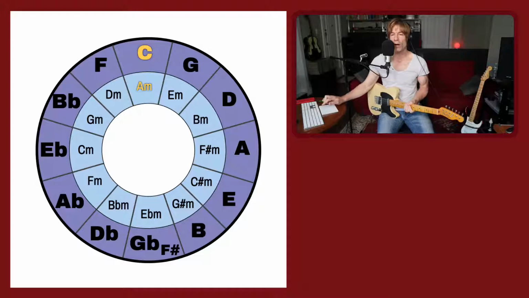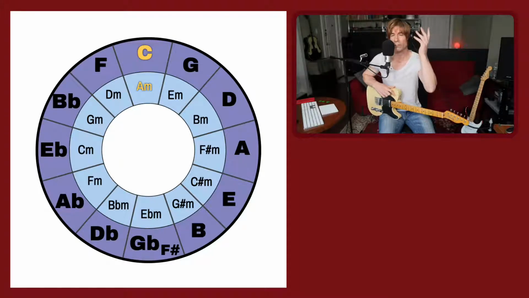So if you look on the chart right there, if you see C minor, which is over where 9 o'clock would be, if you look at E flat, see C minor. So really now you're switching to the key of E flat. And you have all those chords to use in your C progression.